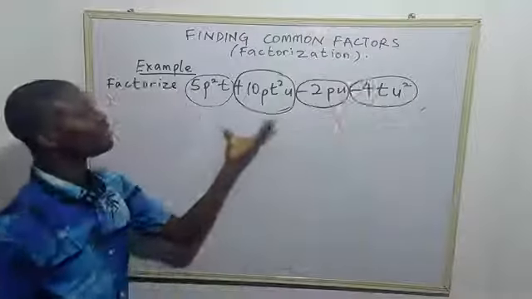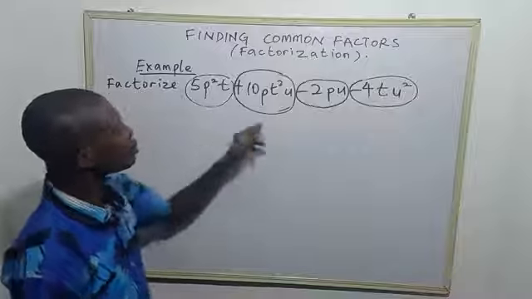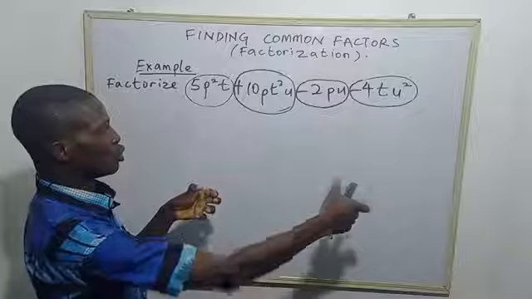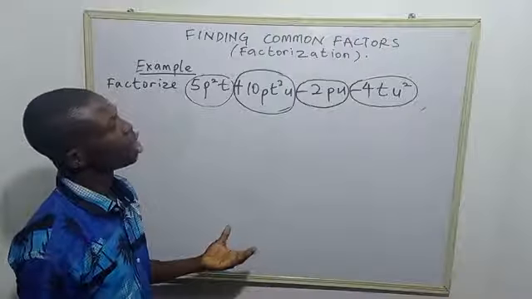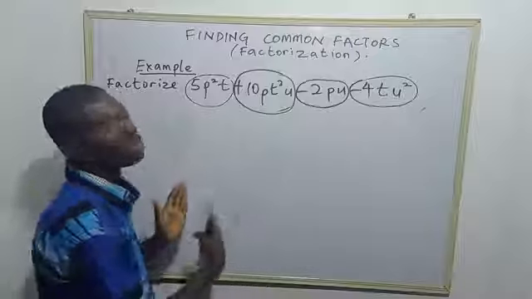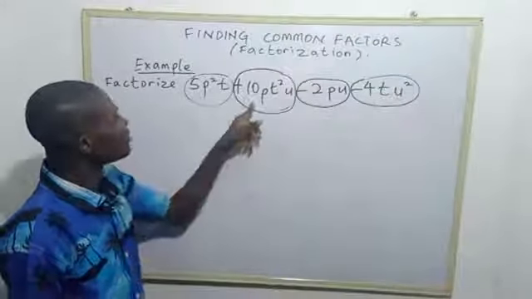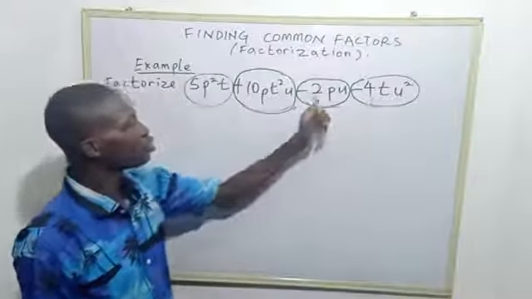Having done your identification, you know all the terms, four of them. So you group them into two, like that. Look at what is common to them that makes them go together. For example, 10 is divisible by 5, 4 is divisible by 2.